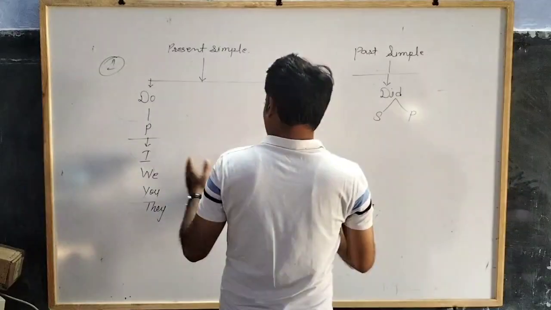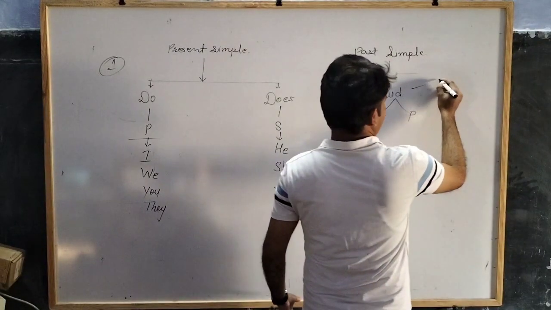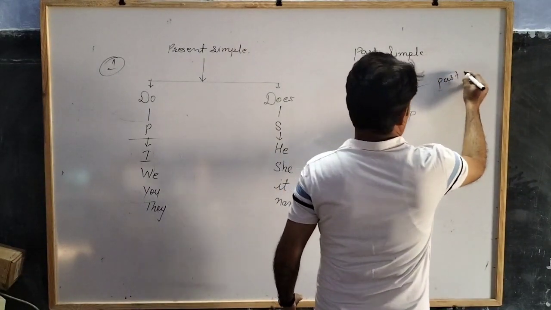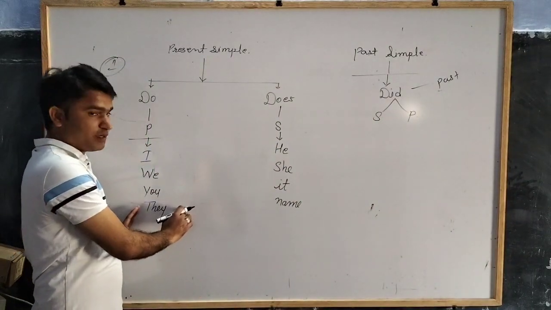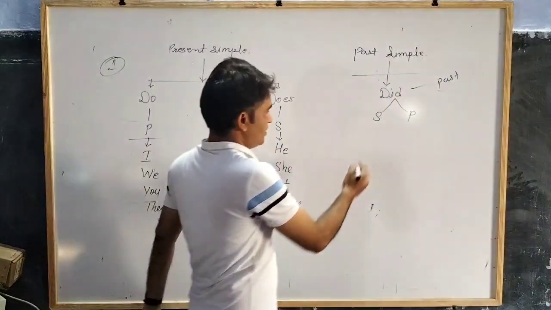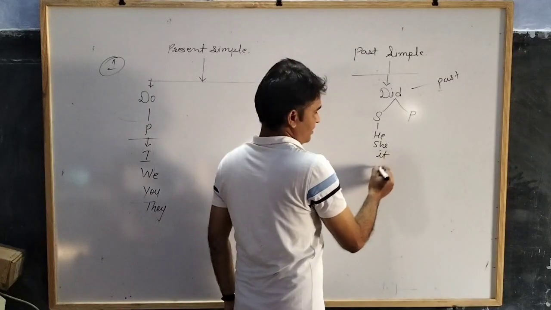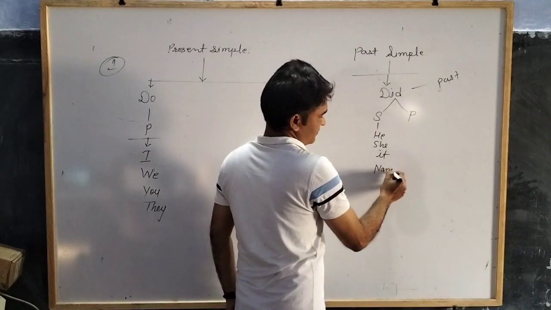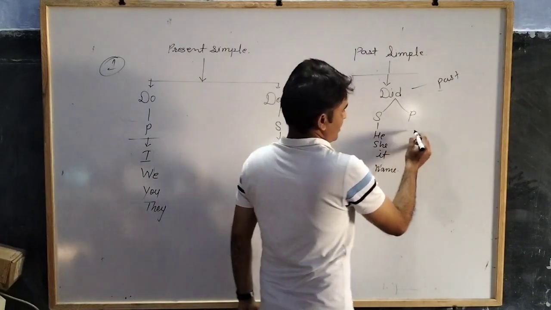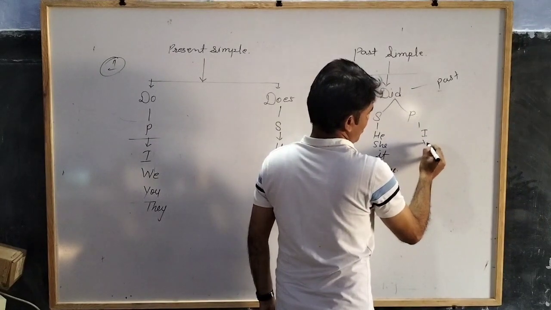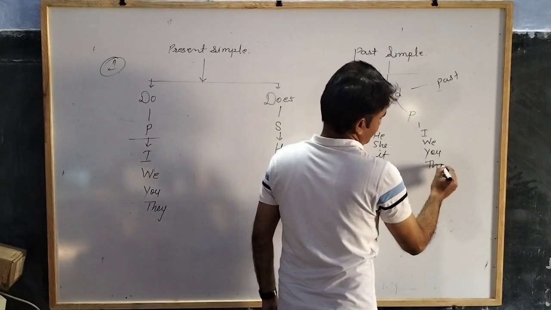And with did in the past, we shall use both plural pronouns and singular pronouns. So here: he, she, it, and names, and I, we, you, and they.